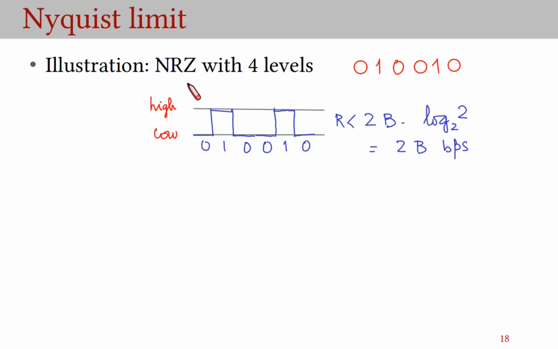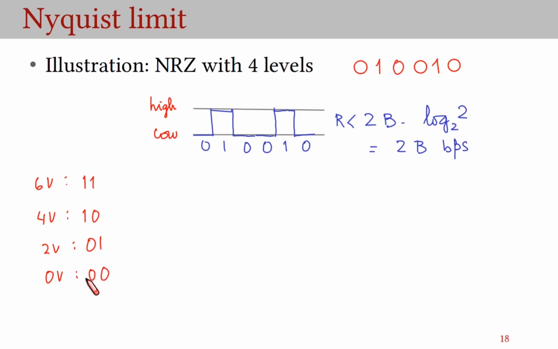In the case of NRZ with 4 levels, we can encode 2 bits using 1 level. Suppose we use this convention of these 4 levels, 6 volts, 4 volts, 2 volts and 0 volt, and we encode 1 1 using 6 volts, 1 0 as 4 volts, 0 1 as 2 volts and 0 0 as 0 volt.